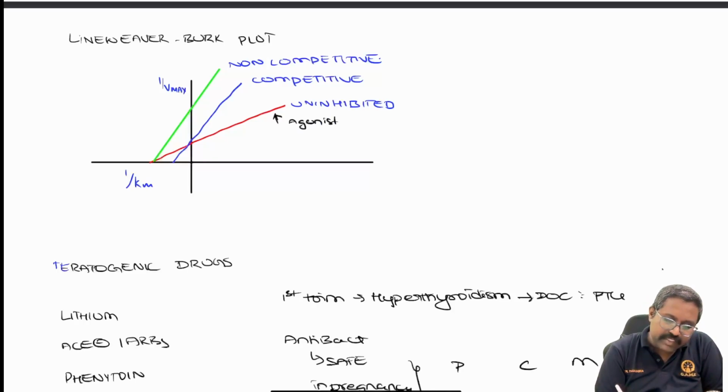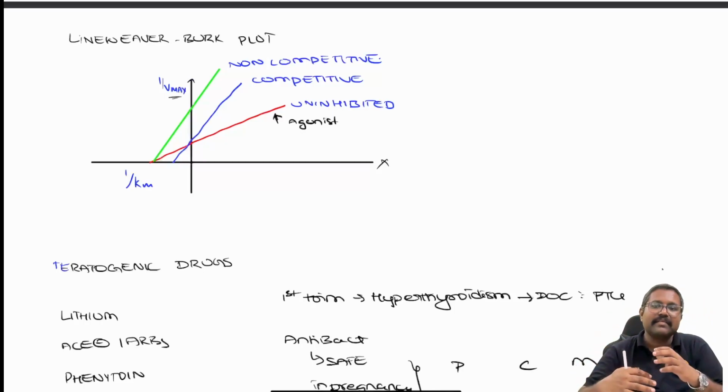The x-axis will tell you about the Km, whereas the y-axis will tell you about the Vmax, that is the maximum that can be attained. Km mainly tells you about the amount of drug required to produce the response.